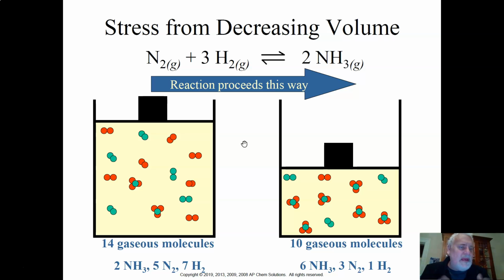That just makes logical sense, because if those molecules come together, you have fewer moles of gas in there. So you force them together. And if you look over here on the left side of this reaction, there is 1 mole of nitrogen, 3 moles of hydrogen. So you got 4 moles on this side and 2 moles on this side.